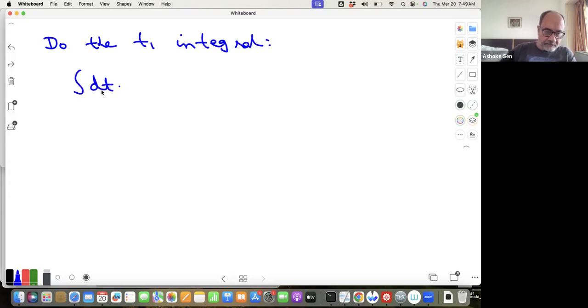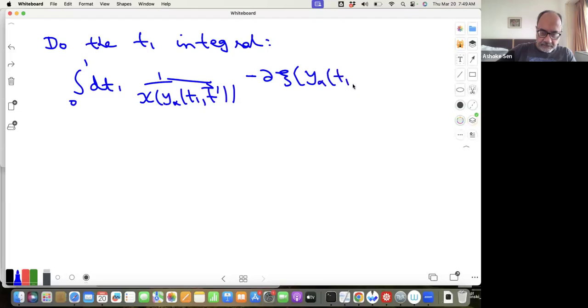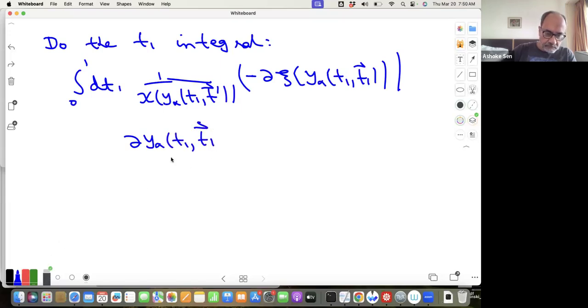So you'll be integrating dt1, let's take from 0 to 1, or bottom and top of the cylinder. 1 over chi of y alpha t1 t prime, minus del xi of y alpha t1 t prime, and then chi of y alpha t1 t prime.